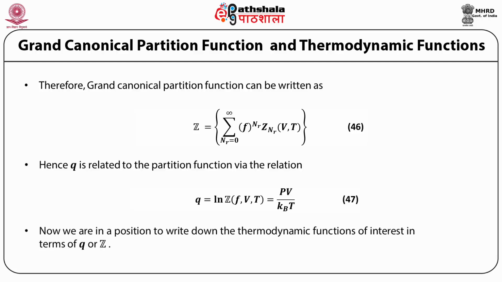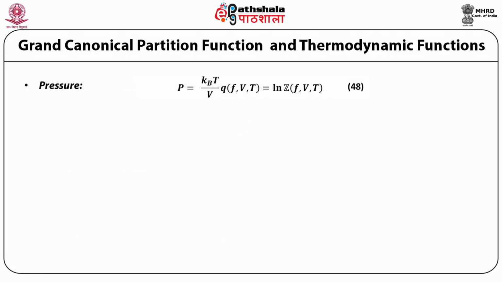Now we are in a position to write down the thermodynamic functions of interest in terms of either Q or Z. Pressure can therefore be obtained as P is equal to kBT upon V multiplied by Q as a function of fugacity, volume and temperature, which is equal to the log of the partition function as a function of fugacity, volume and temperature.